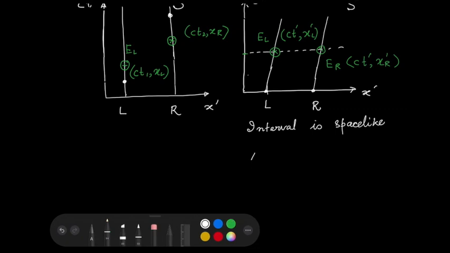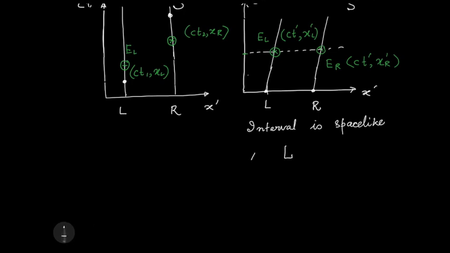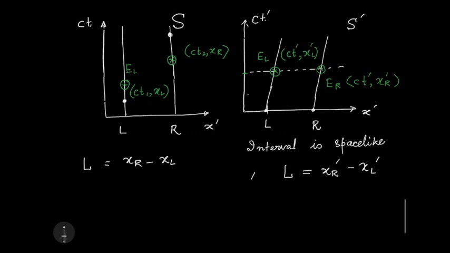So let us ask the question: what is the length of the rod as measured by these two reference frames? In this reference frame, on the right hand side, I get a length which is obviously XR prime minus XL prime. In the left case, where the rod is stationary, I get a length which is XR minus XL.